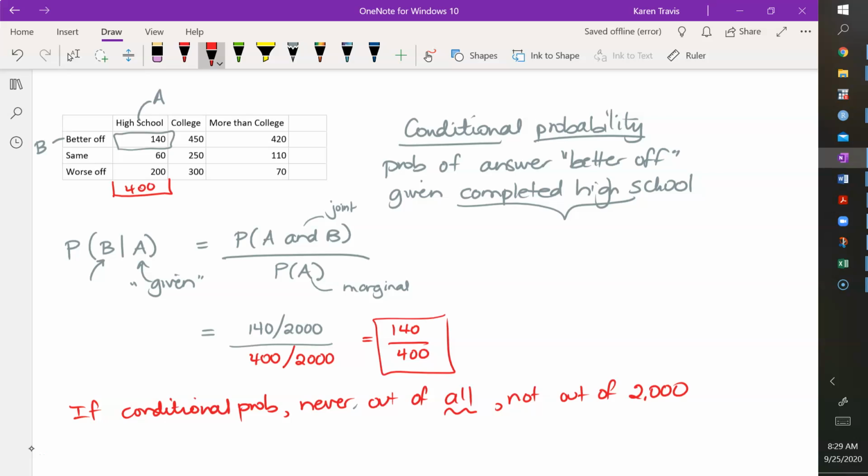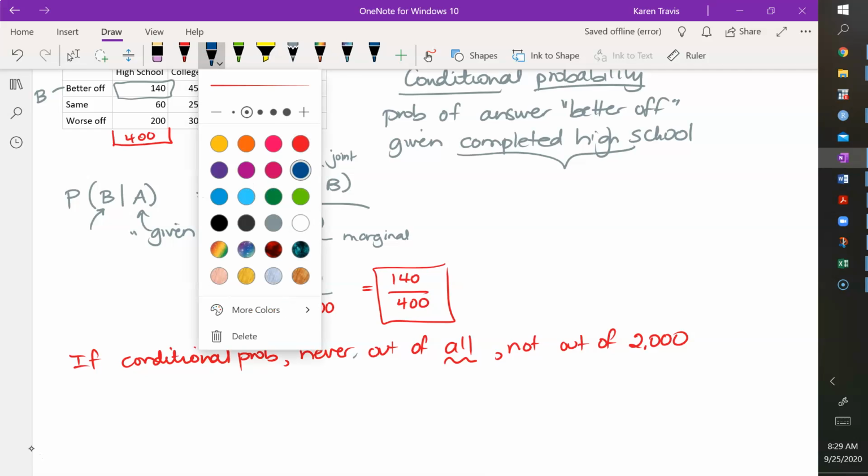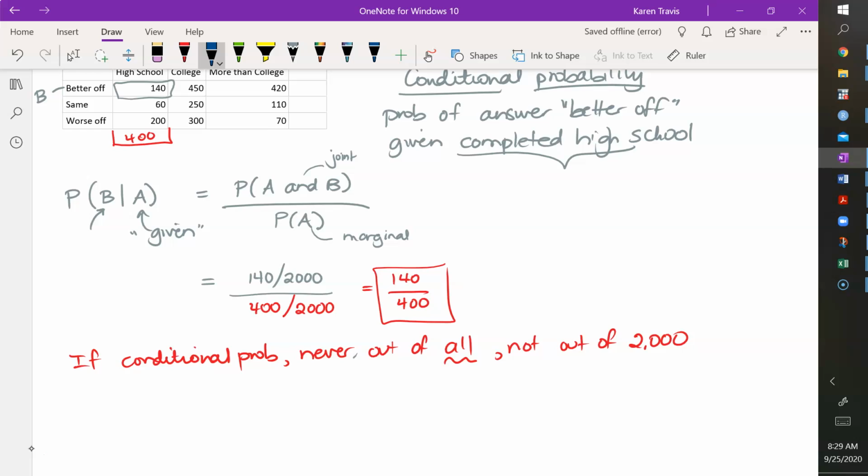So to make sure that this makes sense, I'm going to change the problem a little bit to show that it's not the same if we reverse it. So we're going to find the chance of A given B. This means the chance of high school given they're better off.